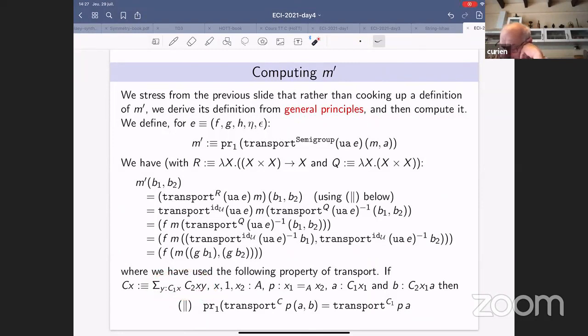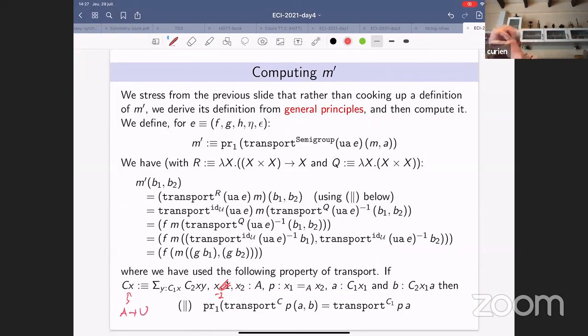So suppose that my type family is of this shape. Suppose that I have, so this is a typo here, this should be an X1. Suppose that I have X1 and X2 of type A. Okay, so here it's the same A. This X varies over A. So here we have a type family that goes from A to U. This C.